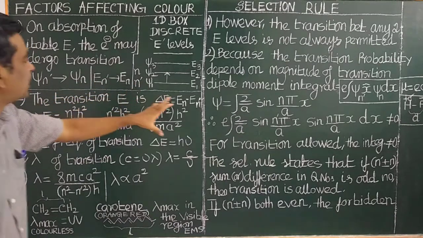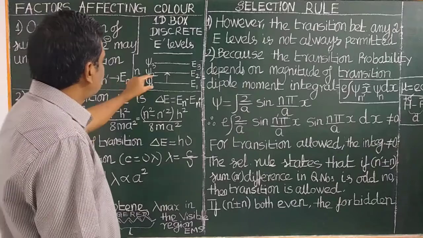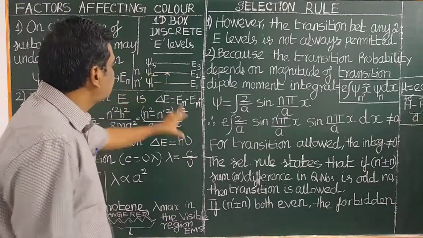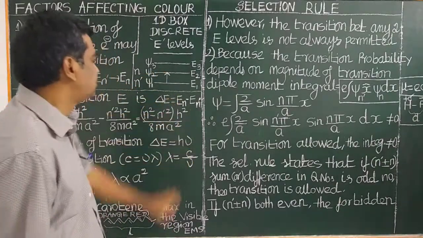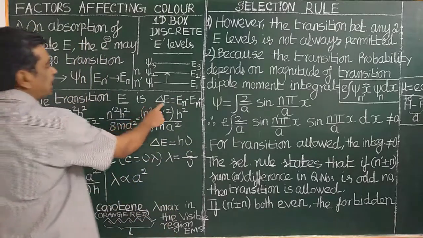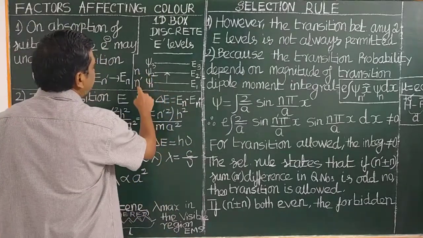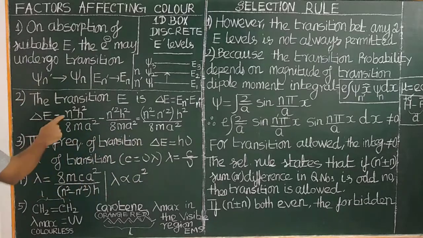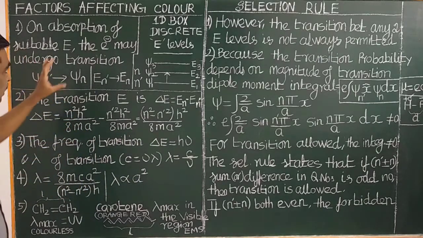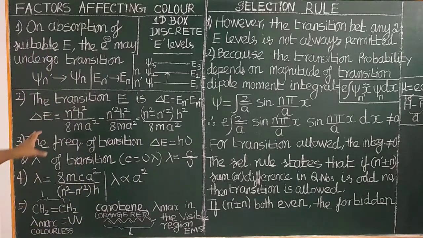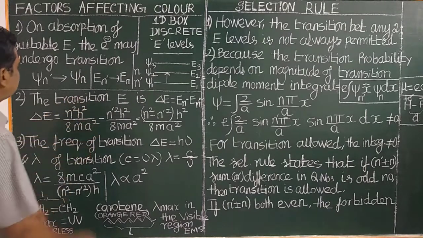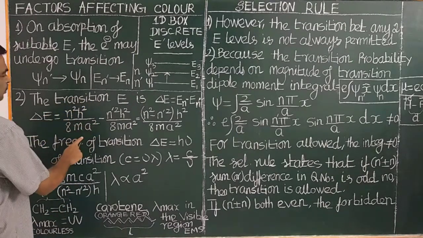The transition energy is calculated using the Bohr relationship. Delta E equal to En minus En prime. According to particle in one-dimensional box, the energy expression is given by n square h square by 8 m a square.